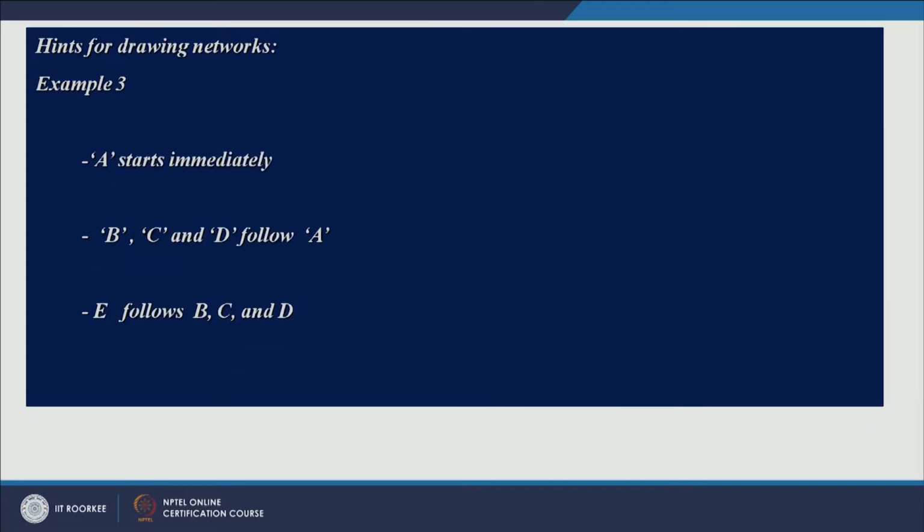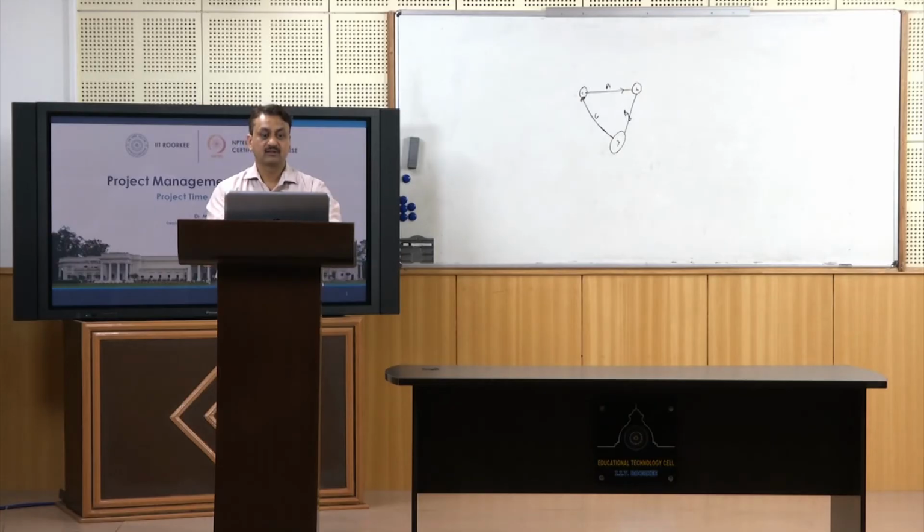Let us look at the third example on how to draw a network. A starts immediately, so the first activity is A. B, C and D follow A. You need to draw the network very carefully.